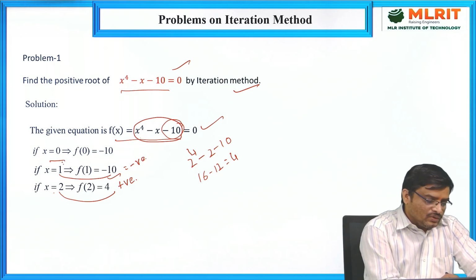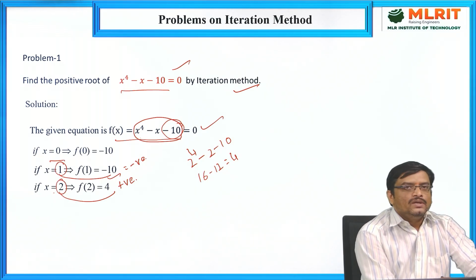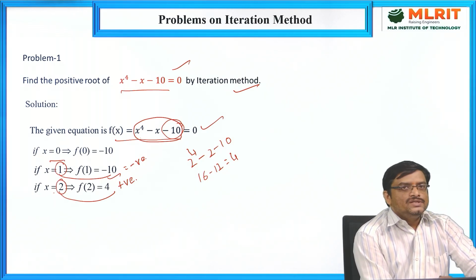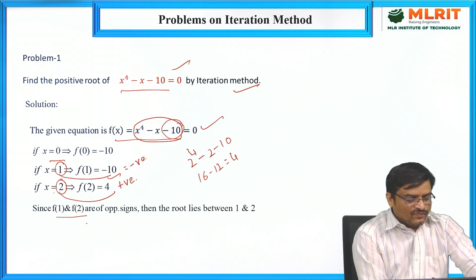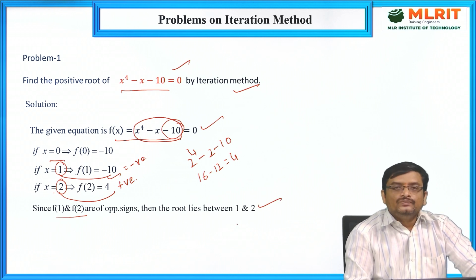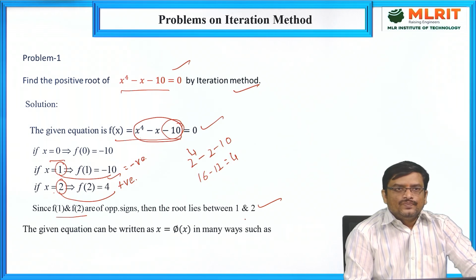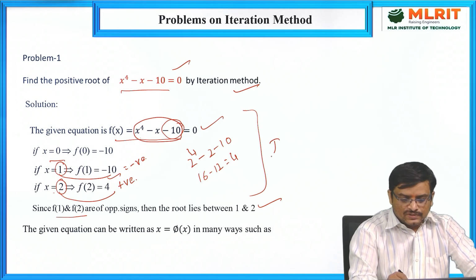So we can conclude that the root we are going to find lies between 1 and 2, since f(1) and f(2) are of opposite signs. So these are the two real numbers. That is the first step, our first stage.